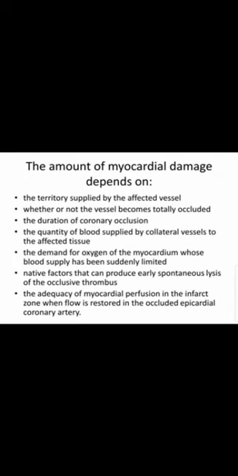After this, the amount of myocardial damage depends on the territory supplied by the affected vessel, whether or not the vessel becomes totally occluded, and the duration of coronary occlusion. This is very important: is the vessel totally or partially occluded, and what is the duration? Then the quantity of blood supplied by collateral vessels to the affected tissue, how much collateral flow is present.